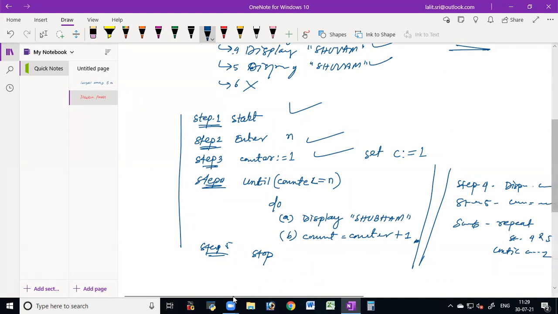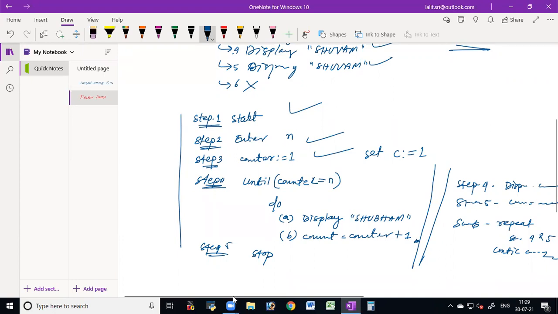Step 7, stop. All of you clear how to write the iterative process? Any doubt? Am I audible?